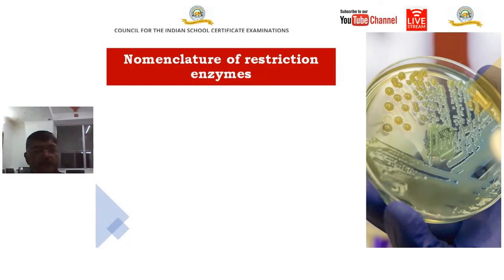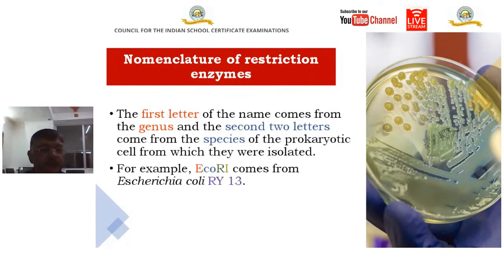In the previous class, you must have read about binomial nomenclature, like name of genus, name of species, italics, all these. So similarly, here also there are specific rules for nomenclature of restriction enzymes. So let's take an example of EcoR1. This is a restriction enzyme, EcoR1.